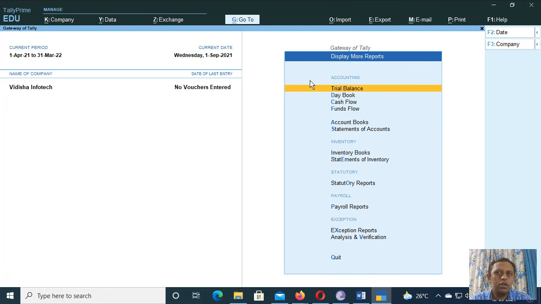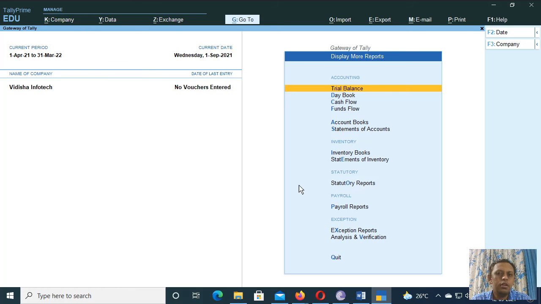So here it is: trial balance, day book, cash flow, funds flow, accounts book, statement of accounts. Then in the inventory section, inventory books, inventory deals with the products and goods, the sales and purchase of the products. All these things are dealt by the inventory books and statement of inventory. Then we have statutory reports, payroll reports.